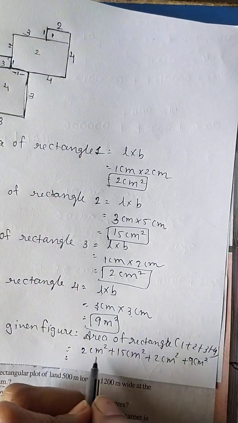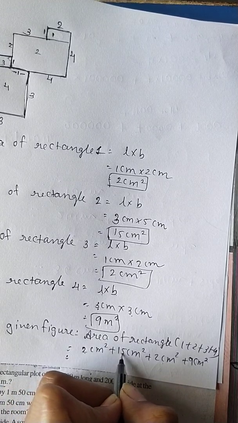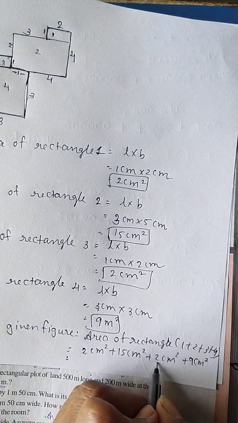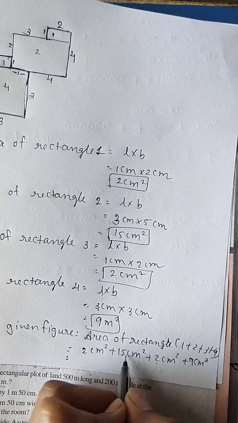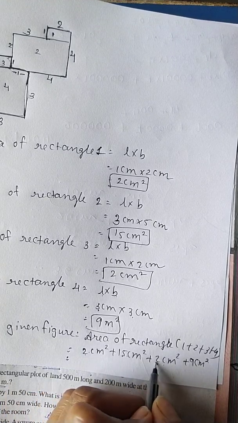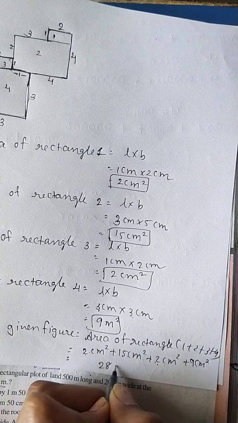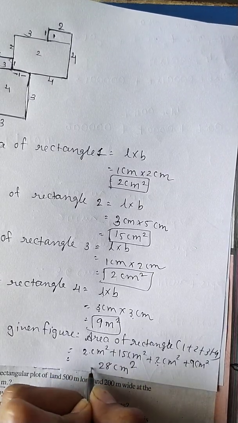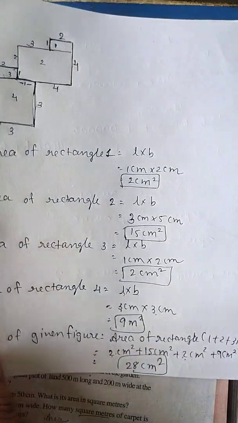Is that clear? 15 plus 2, 17. 17 and 2, 19. Yes? 19 and 9, 28 centimeter square. This one is the area of the given figure.